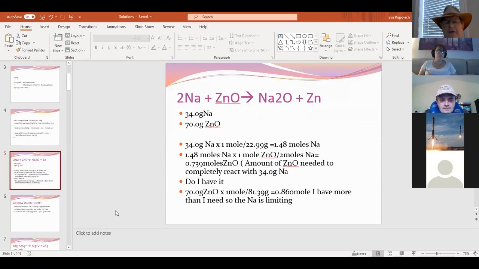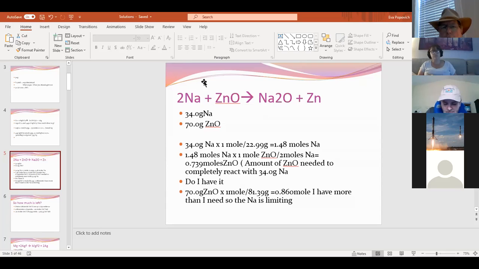I can pick one of these 2 and find out how much of the other reactant the first one needs. Based upon that, I can determine the limiting reagent. Does that make sense to you all?